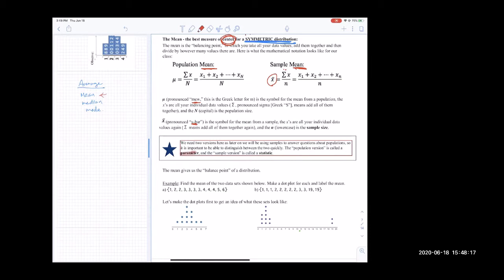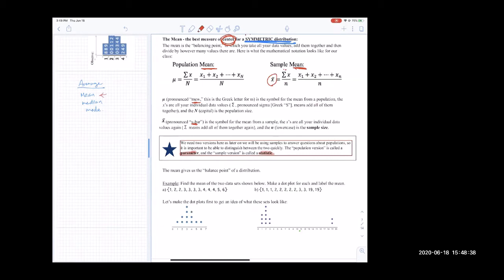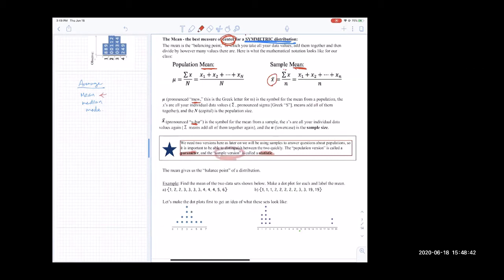And I think I said this either in the first class or the second class. Of course, this class is all about, what is this class? What's the title of this class? Stats in Motion. Math 112 Statistics, right? Intro to Statistics. And what is statistic? Is sample.